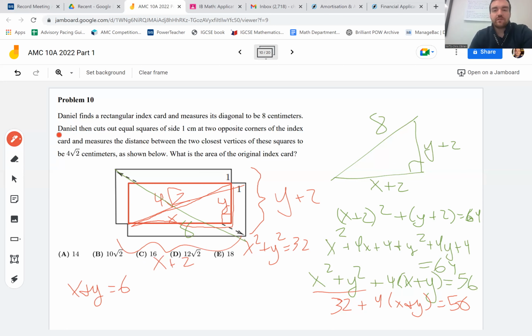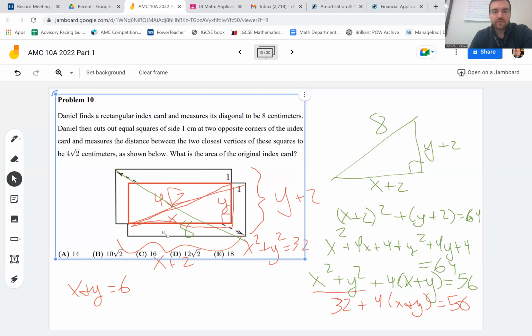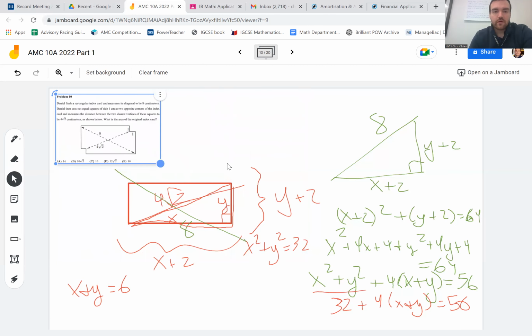So then I can do a substitution. Let me make this smaller so I have a little more room here.